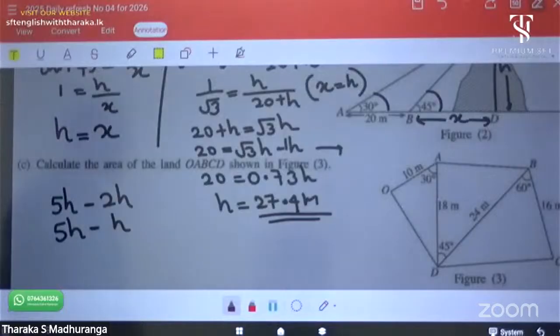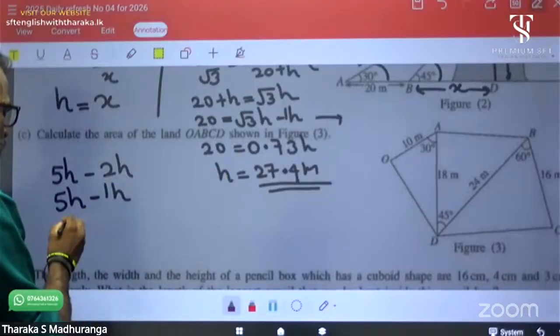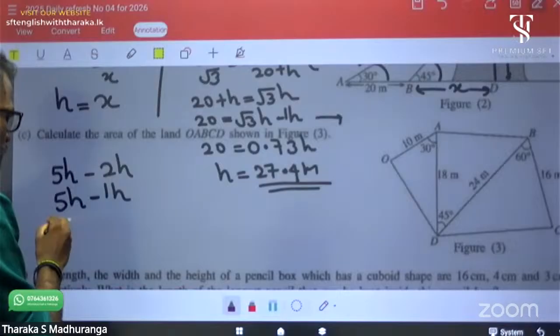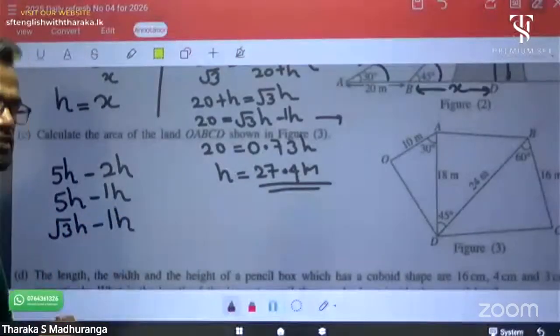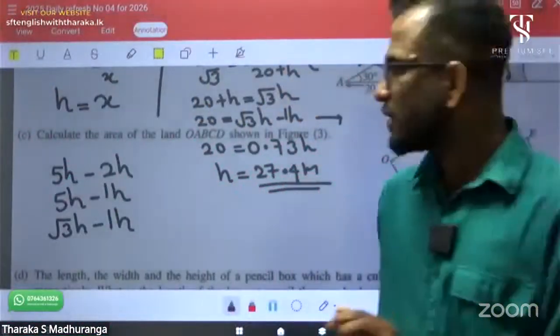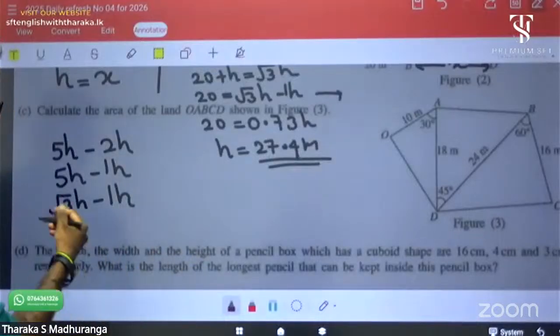5h minus h, here when we write h, there is a 1. 5h minus 1h, it is 4h. Now root 3h minus h, the same thing. Root 3h minus h. What's the meaning? h means 1h. Root 3 means use a calculator and get the root 3 value.